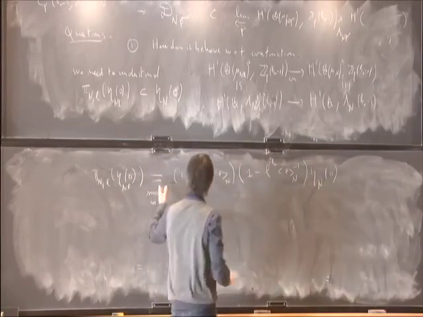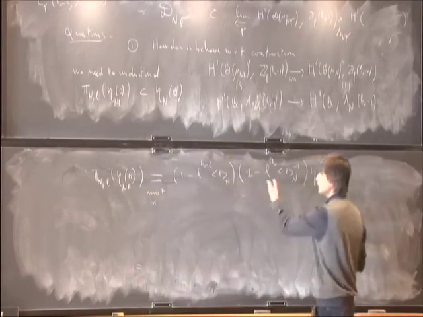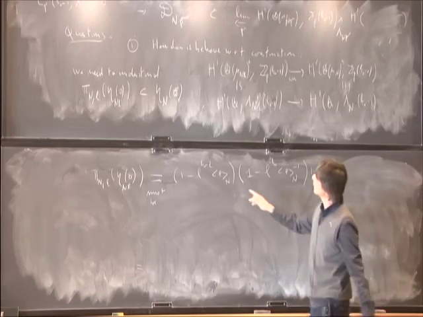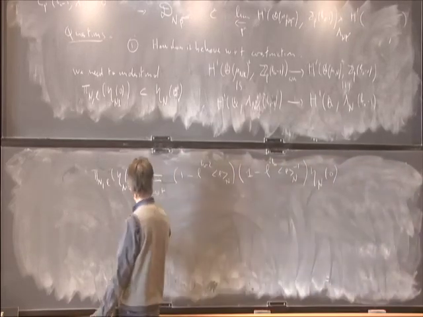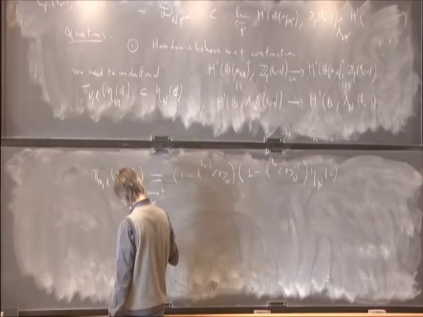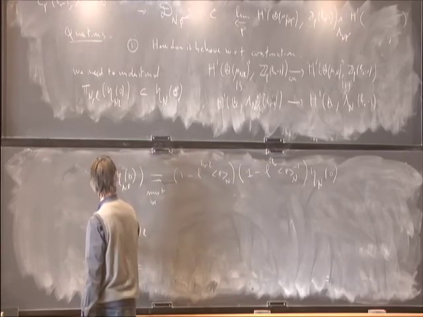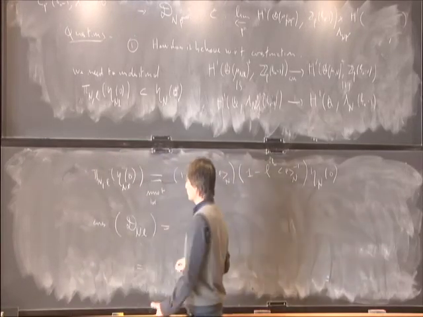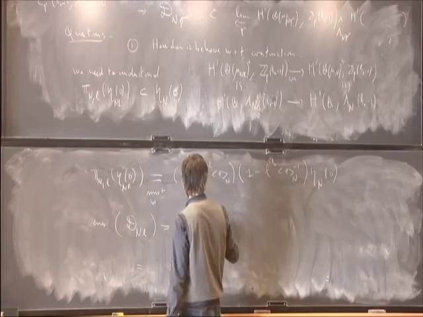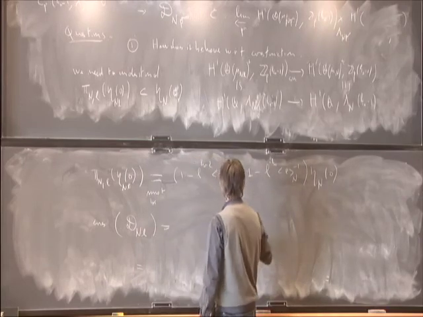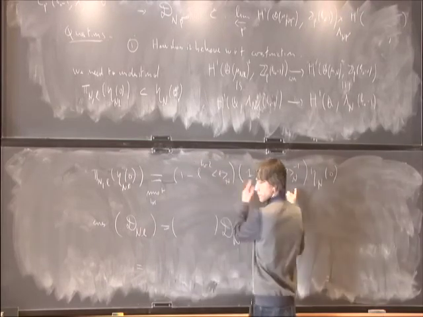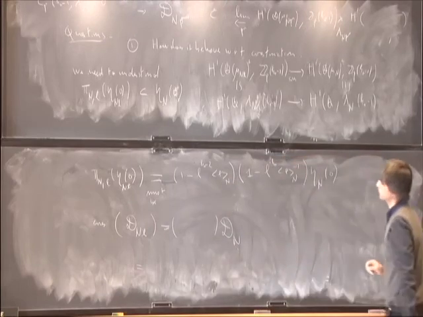And if you believe that, then that tells you that if you take the co-restriction of D_{nℓ}, you get D_n times the same factor here.